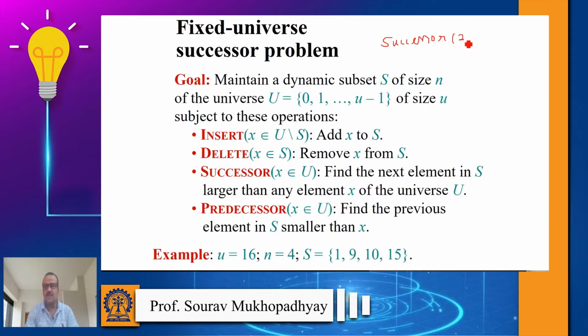What is the successor of 1? 1 is in this set. The definition is that the successor is the next element greater than x which is in S, capital S. So the successor of 1 is also 9.